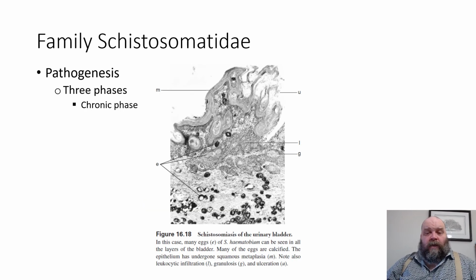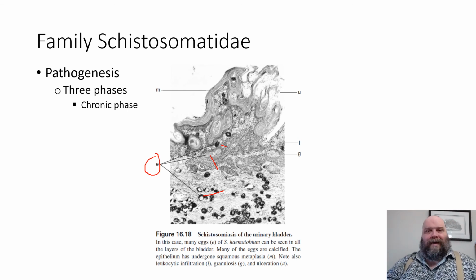And you go through and you can actually see, where is the eggs? The eggs are E. Where is E? There's E. There's an egg. There's an egg. There's an egg. They're surrounded by different tissues, or surrounded by different cells as they are moving through the tissues.